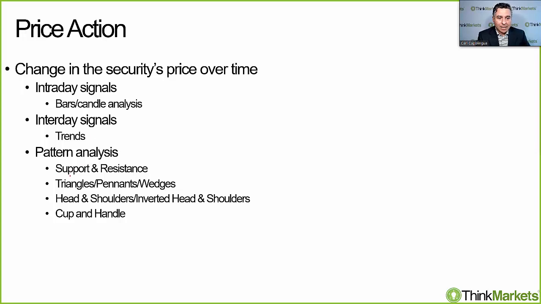And then pattern analysis. We've already talked about this idea of support and resistance. Previous areas of resistance tend to act as support, and previous areas of support tend to act as resistance. But you can also have something like a triangle, where the price has consolidated into what looks like a triangle if you were to draw the lines, and there are various theories about what could and should happen after that.